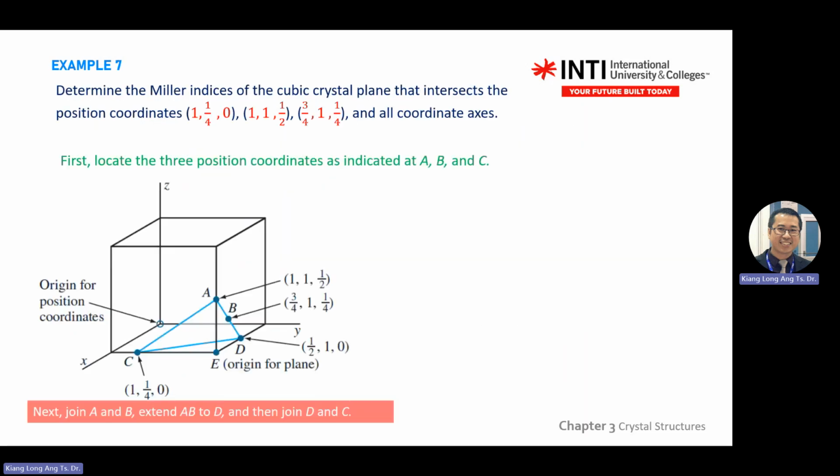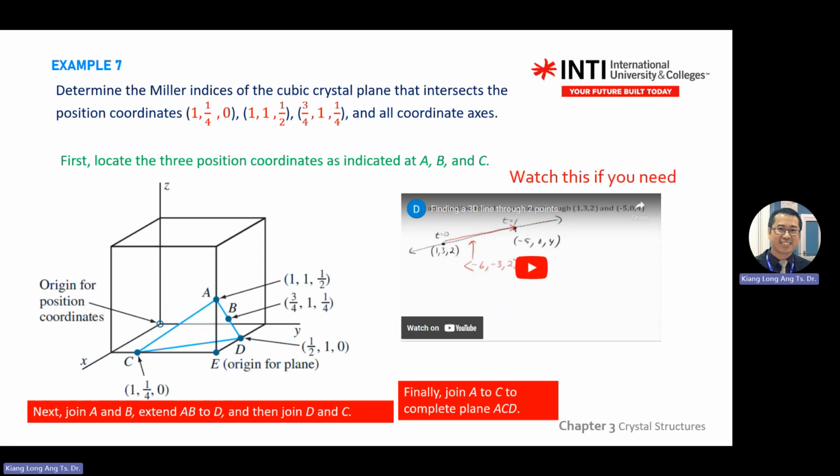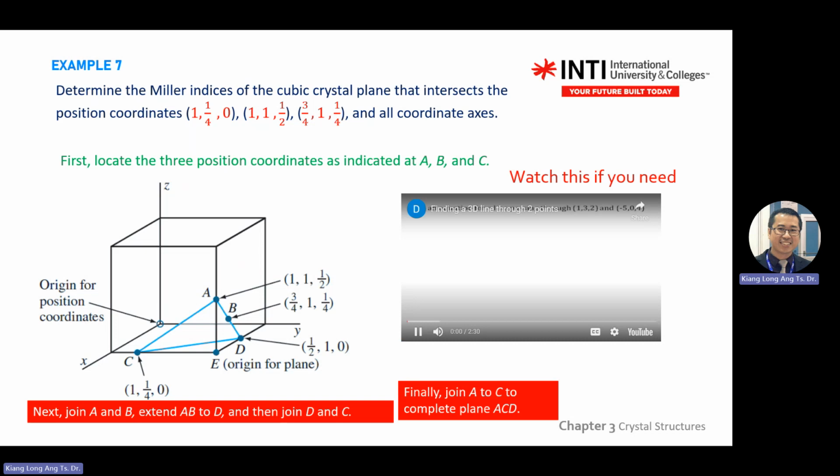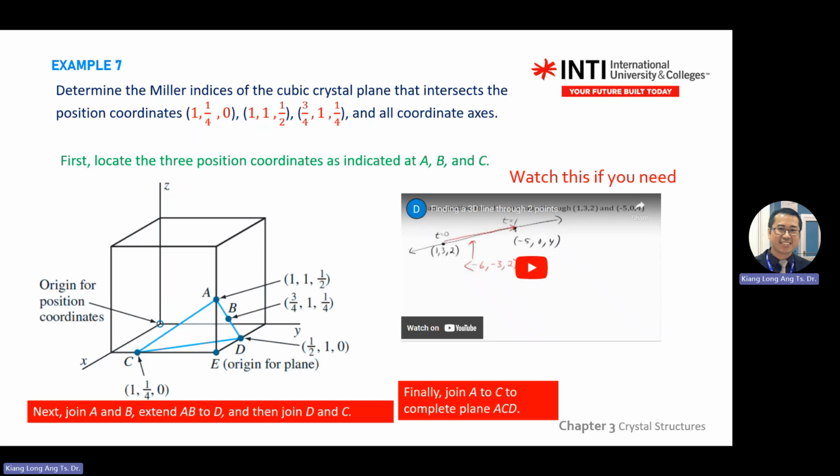Example 7 is your homework, go and see. There is a YouTube video I attached here. Go and view it. I am not sure whether you are able to click it in the PDF, but you can go to YouTube and search for finding a 3D line through two points.